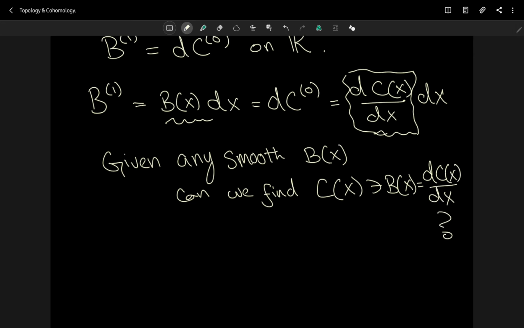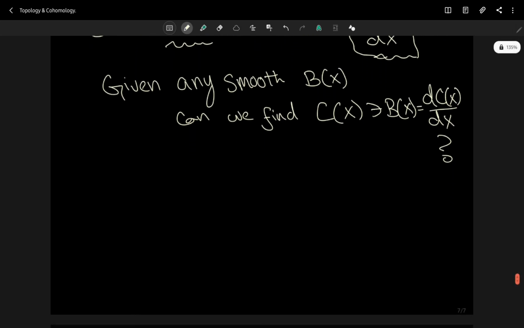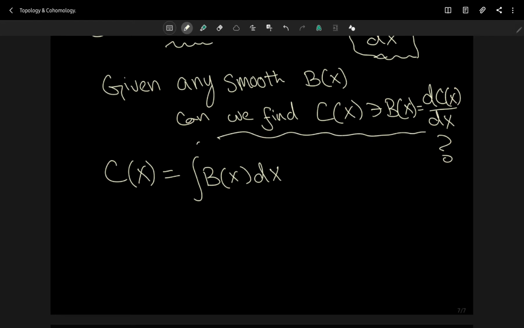Well, from your calculus, we have the fundamental theorem of calculus, and that guarantees that c of x is equal to the integral of b of x dx, and that does the trick for us. So the answer is yes, we can find c of x such that that condition is true, and that's because of the fundamental theorem of calculus.